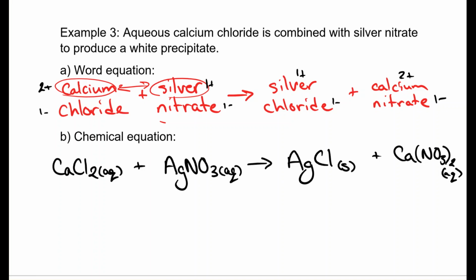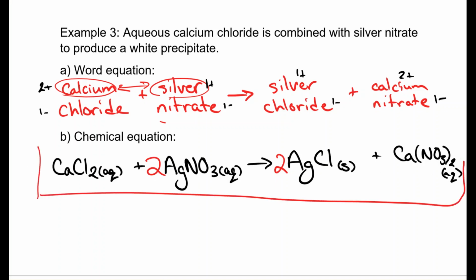So, let's go ahead and balance this chemical reaction. 1 calcium, 2 chlorines. We need 2 chlorines, 2 silvers. We need 2 silvers. 2 nitrates. We have 2 nitrates. This is a perfectly balanced chemical reaction.